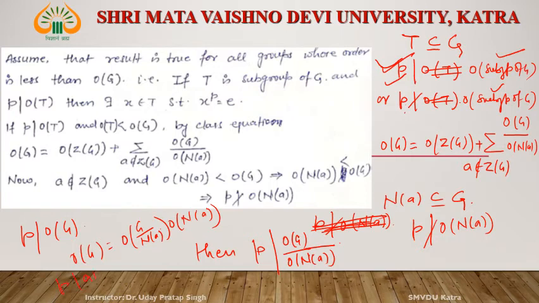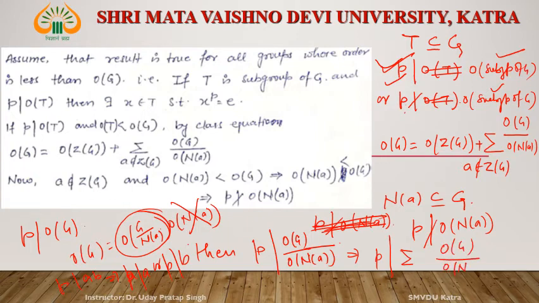If P divides AB, it implies that P divides A or P divides B. Since P does not divide the order of N(a), P must divide order of G by N(a). If P divides order of G by N(a), then P also divides the summation over a not in Z(G) of order of G by order of N(a).